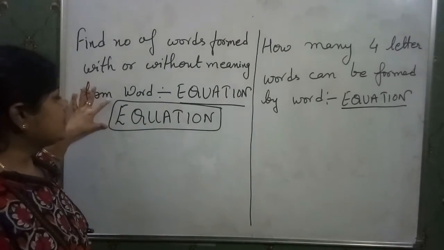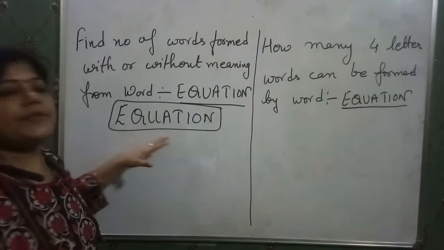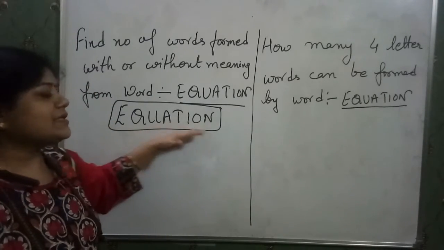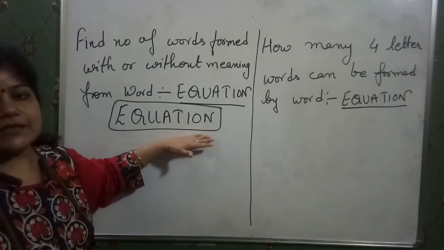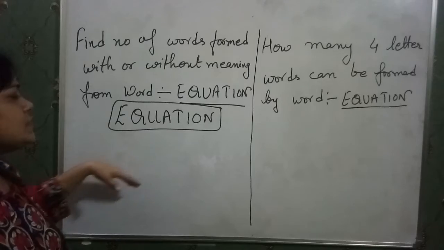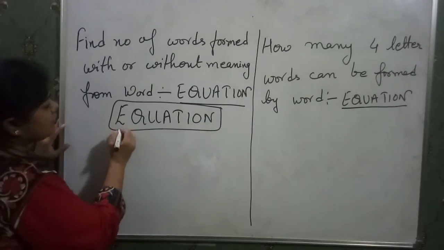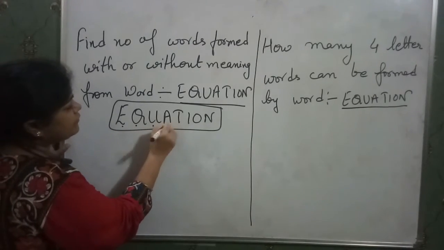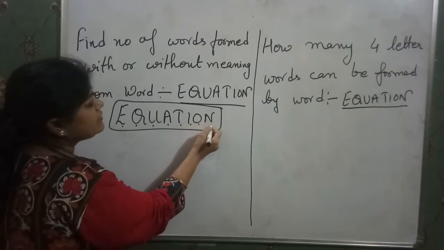But note one thing here: no letters are repeated. All letters are different, all letters are distinct. In this case, you just simply count: 1, 2, 3, 4, 5, 6, 7, 8.